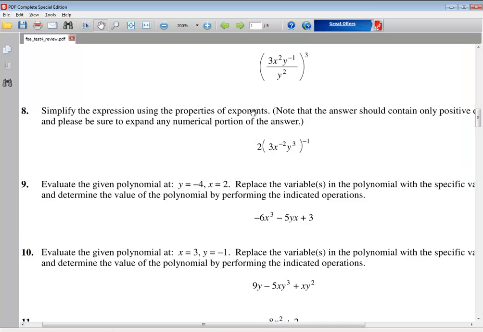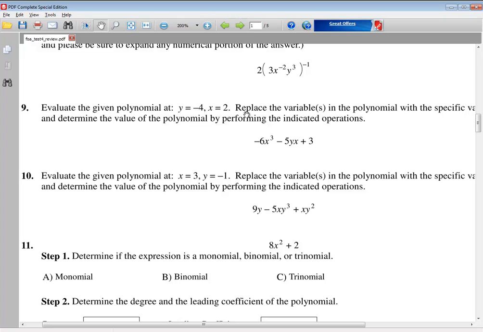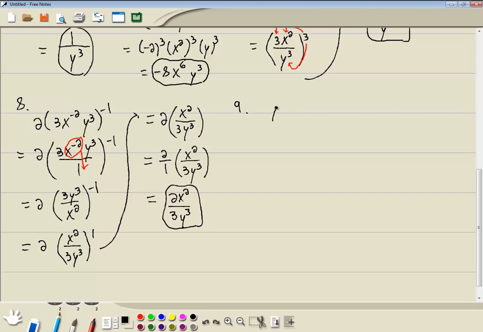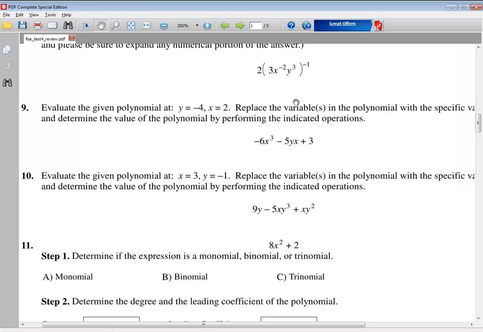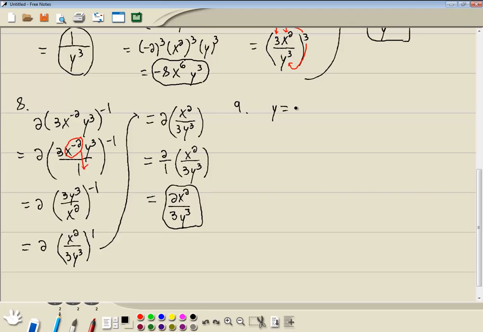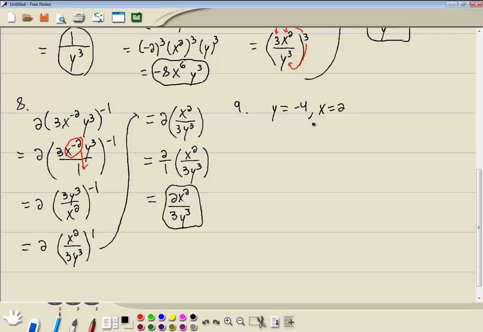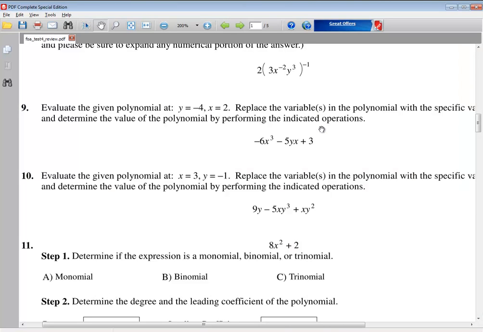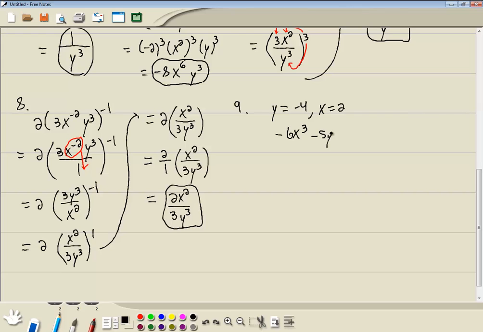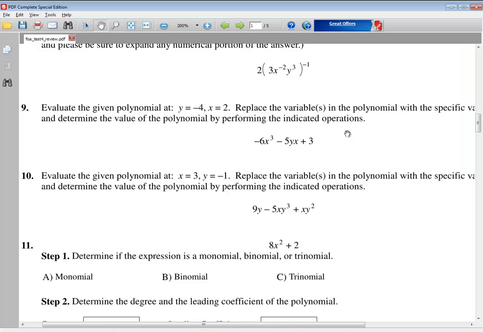Okay, number 9. We want to evaluate the given polynomial. So they tell us y is negative 4 and x is 2. And we've got negative 6x to the third minus 5yx plus 3.